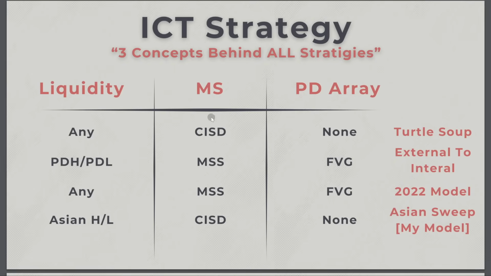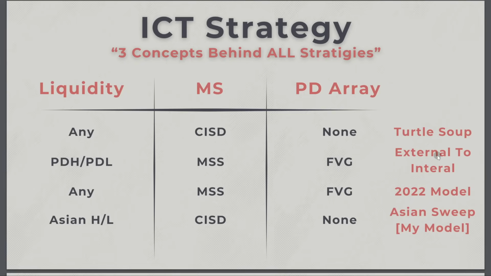Then for the market structure, what are we looking for exactly that's going to give us an indication that the market is switching direction, that okay, we're actually flipping now? It's a market structure shift. So we're looking for a market structure shift in order to have an indication that, okay, we might be going internal now. And for the PD array, you could use a fair value gap. So that's what the external to internal setup is.